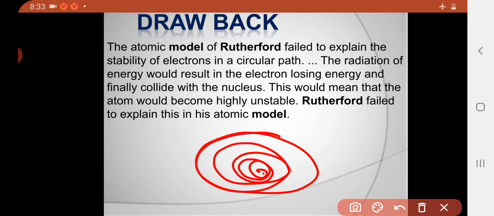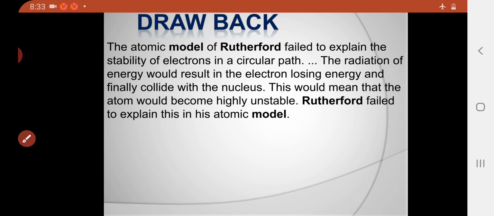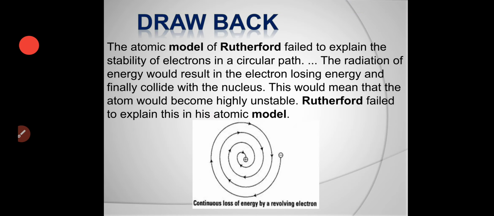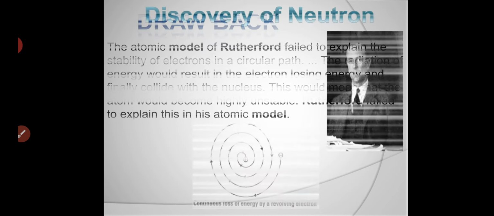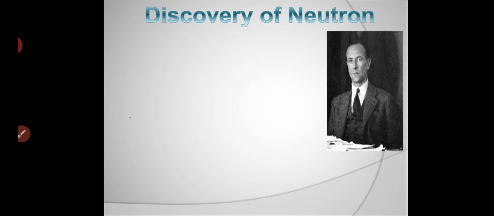That does not happen in this atom, right? This would mean that the atom would become highly unstable. So Rutherford failed to explain this in his atomic model. This is how the electron would collide with the nucleus, right?